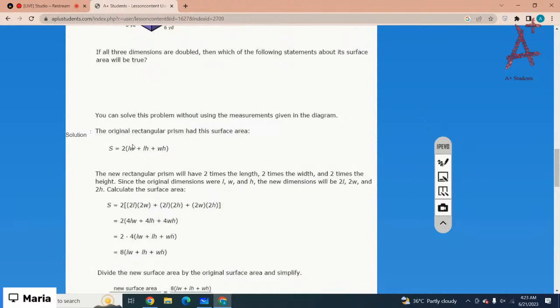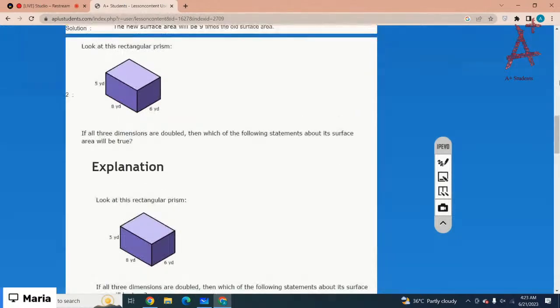So for the new rectangular prism, all the values would be doubled. You have 2L, 2W, 2H. Got it? So when you calculate the value, it would be 8 times length times width plus length times height plus width times height. When you divide it by the original values, that means it would be 4 times the original values. Let's just start with the practice questions.